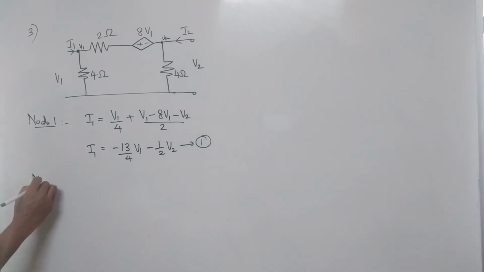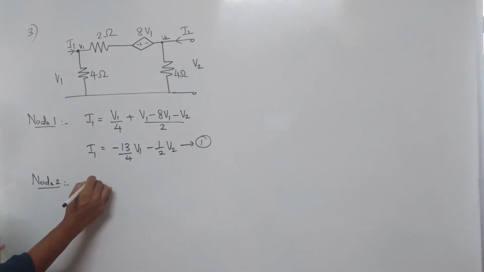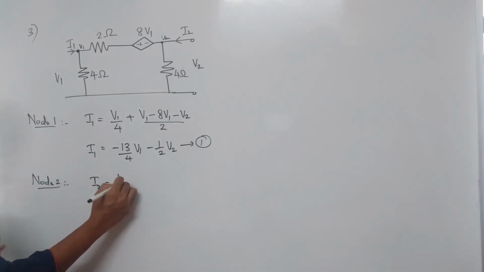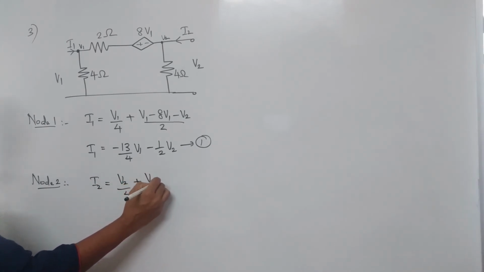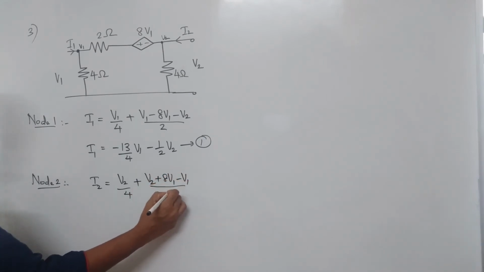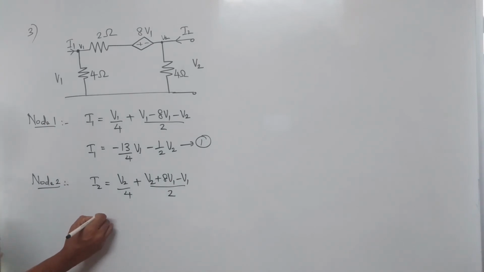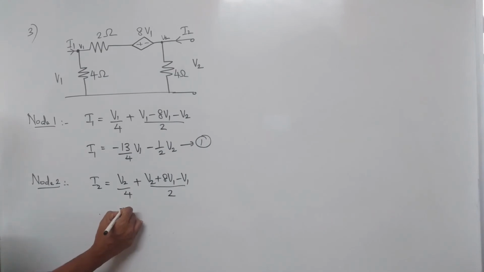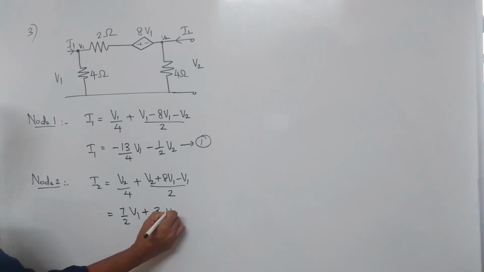Now we can write node 2. That will be I2 is equal to V2 by 4 plus V2 plus 8V1 minus V1 by 2. On simplification we will get 7 by 2 V1 plus 3 by 4 V2.